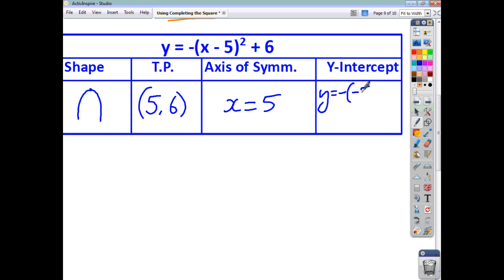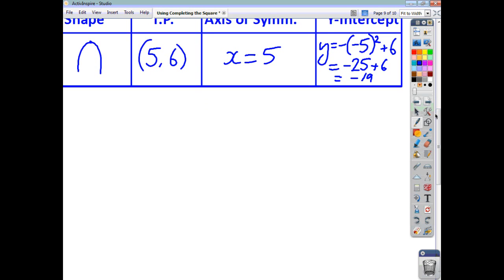Now 0 minus 5 is negative 5. You square that, and you then add 6. Just be careful when you're subbing in 0 for x, especially when you've got a negative outside the bracket. So that gives you negative 25 plus 6, which is going to be negative 19. So your y-intercept is going to be (0, negative 19).